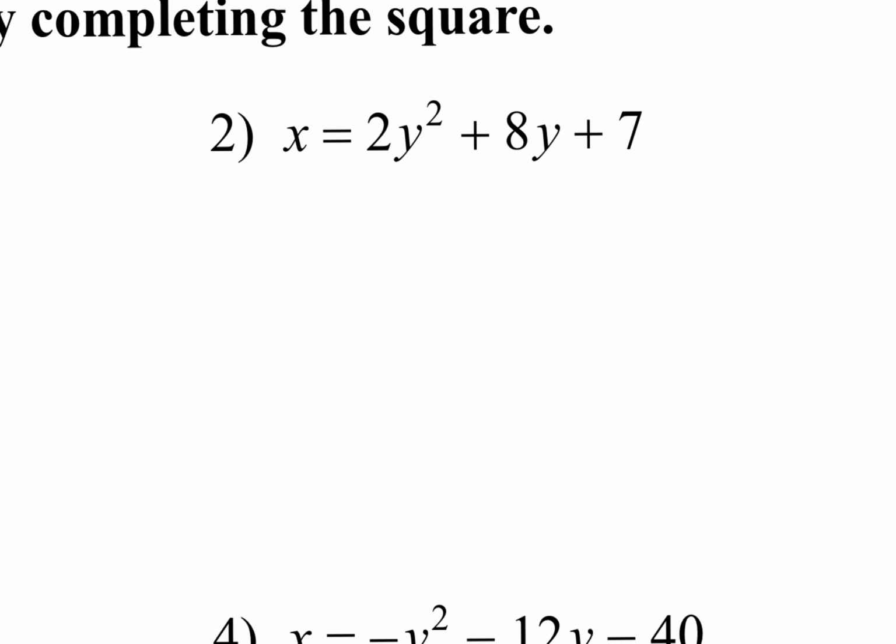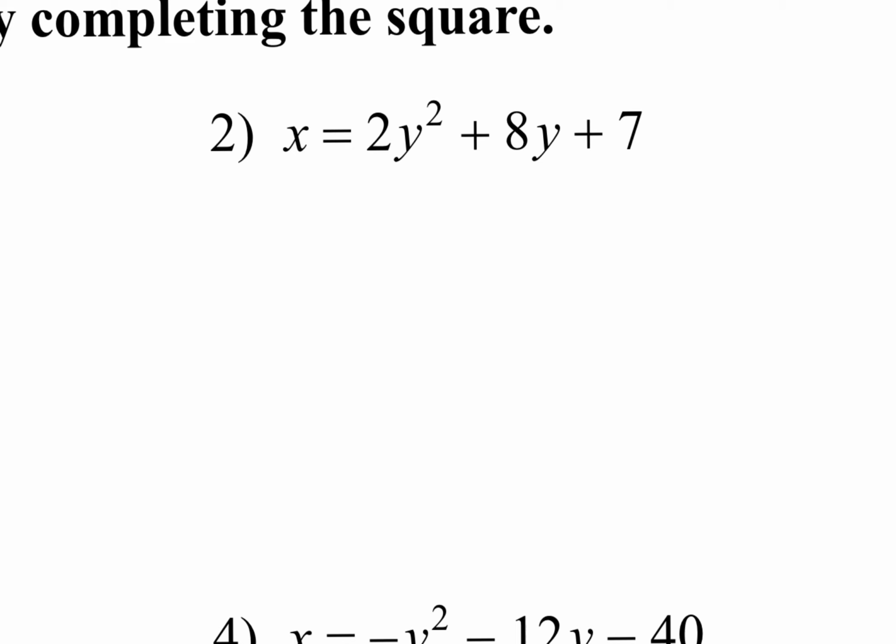Let's look at number 2. So now we've got x. It doesn't matter if it's x or y equals. This is a direction thing. So we've got x equals 2y squared plus 8y plus 7. Again, we're looking at that value out in front of our squared, and it's a 2. It's an issue.